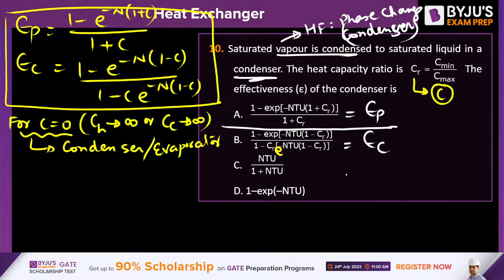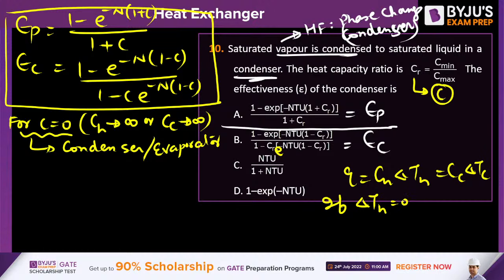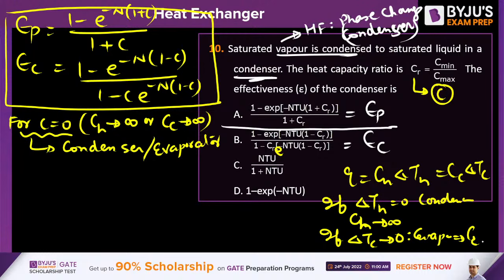When there is a phase change, Q is equal to CH into delta TH or CC into delta TC. If delta TH is equal to 0, that means condenser. In case of condenser, CH can be called infinite. And if delta TC is 0, that is evaporator. In that case, CC is infinite. So if any of these is infinite, then C will become 0.